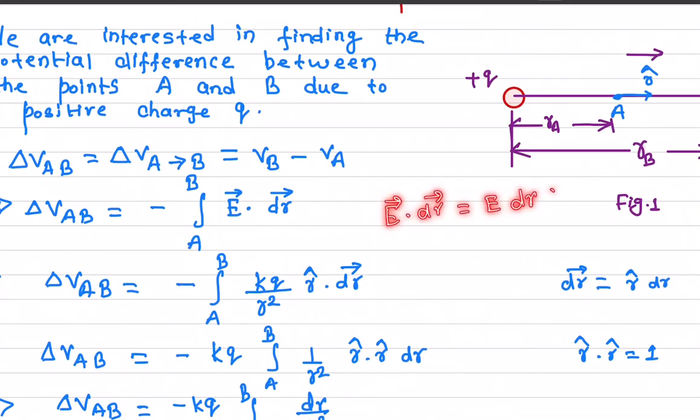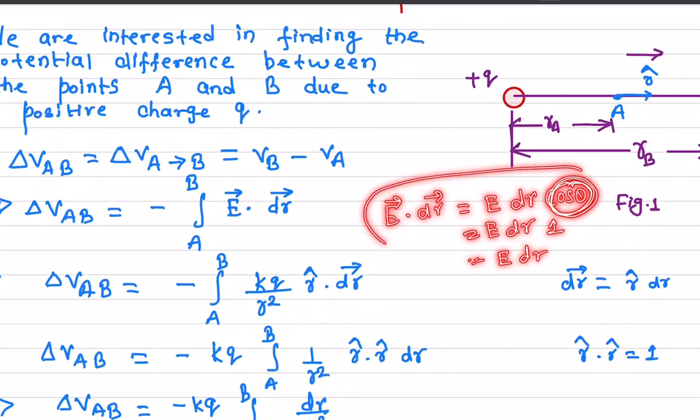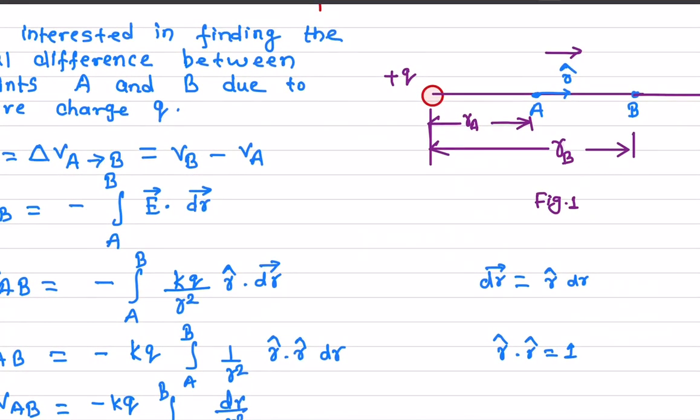And E dot dr, in this case, is simply equal to E times dr times cosine theta. In this case the cosine theta is 0, cosine theta is equal to 1. So this is simply equal to E times dr. And why is the angle 0?